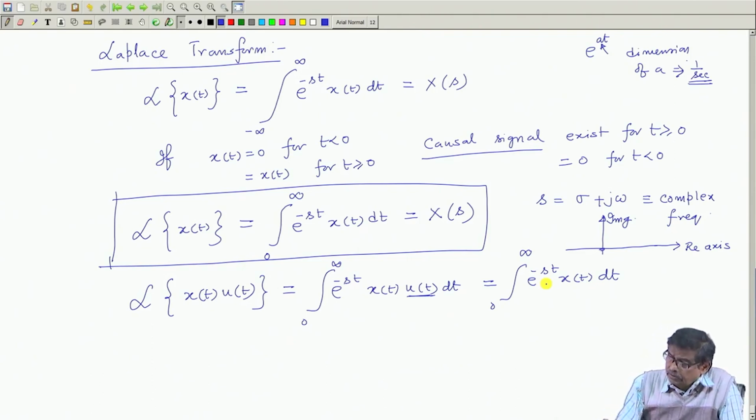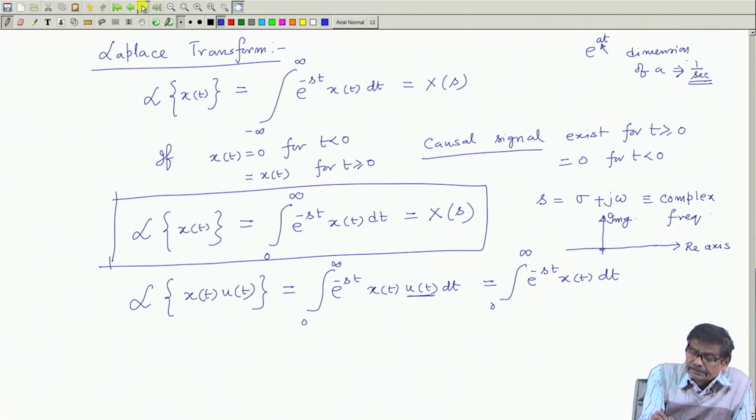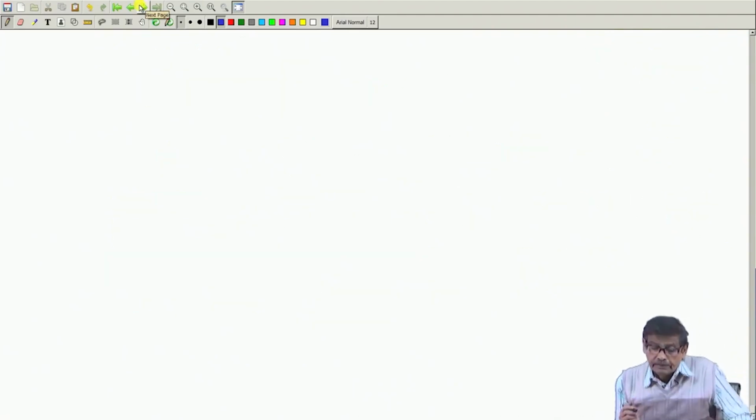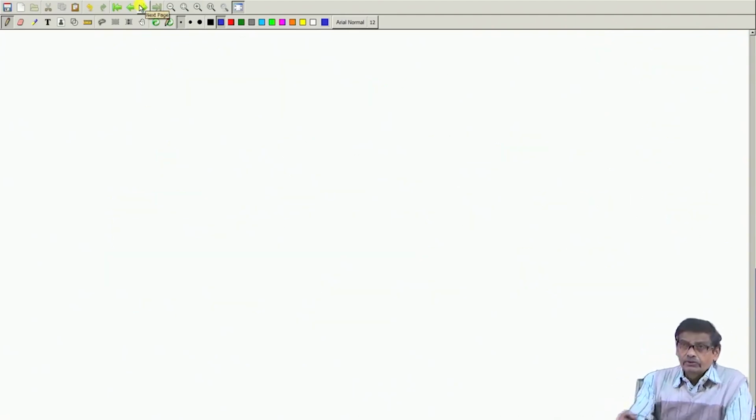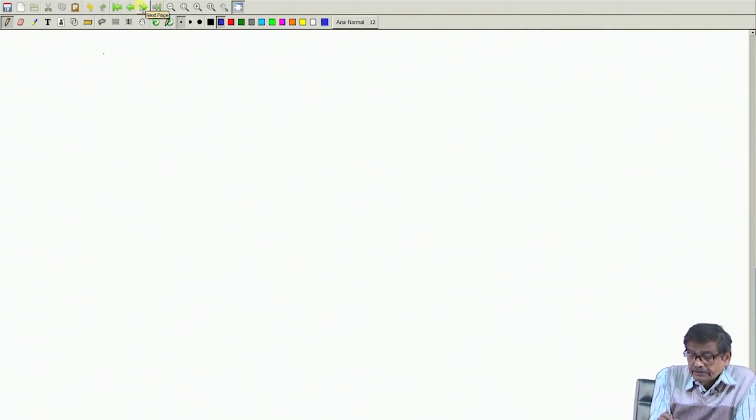Now let us take a simple example. Suppose, and we will come back to this sigma plus j omega business once again here. Suppose I ask you to find out the Laplace transform of unit step function.